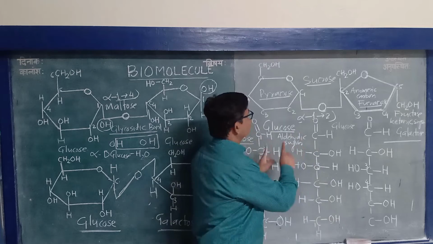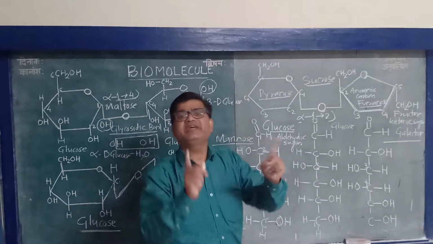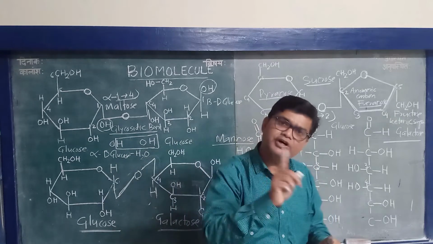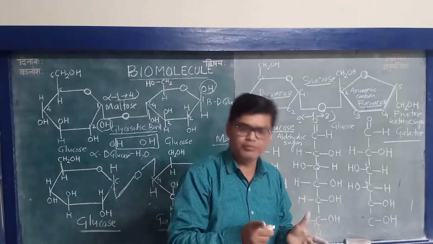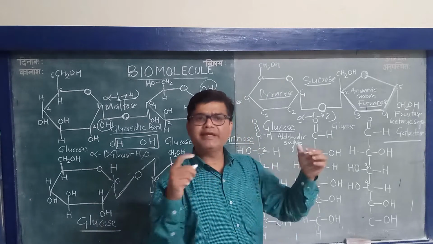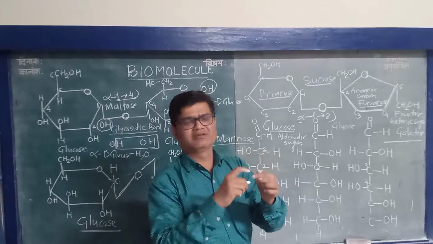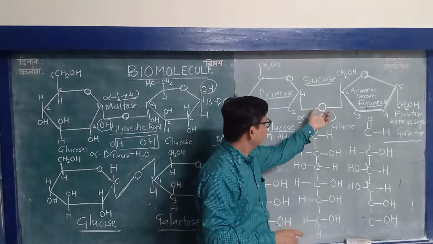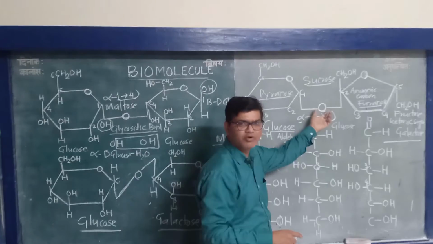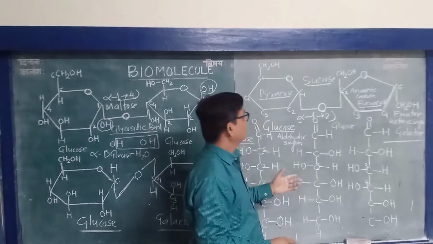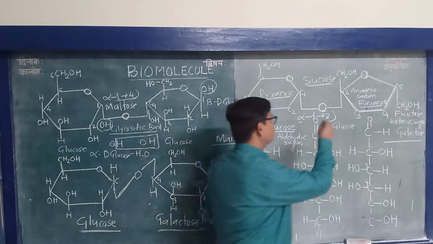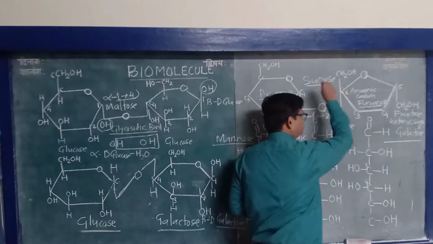In case of sucrose, the hydroxy groups of both anomeric carbons are involved in chemical bond formation, like glycosidic bond formation. That's why there is no free hydroxy group present at carbon number 2.